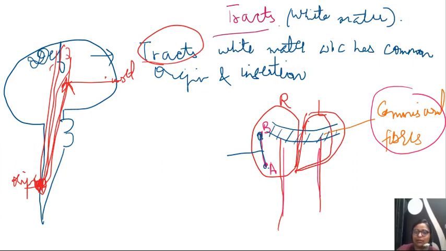These are connecting the same side of the brain, meaning they are connecting one nucleus to another nucleus in the same hemisphere of the brain. So we can say it is connecting from anterior to posterior. So what are they called? These are called your association fibers.